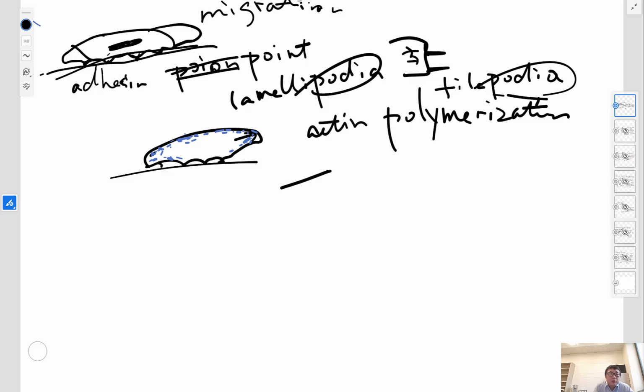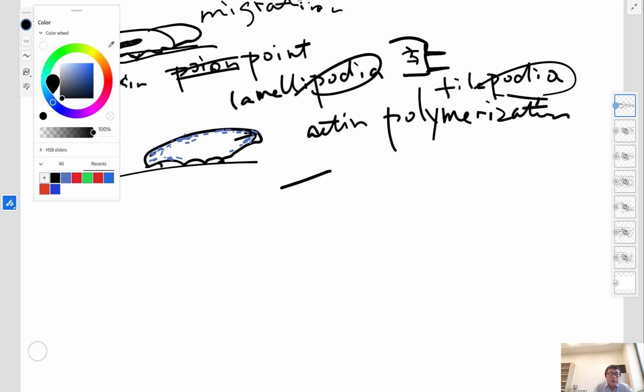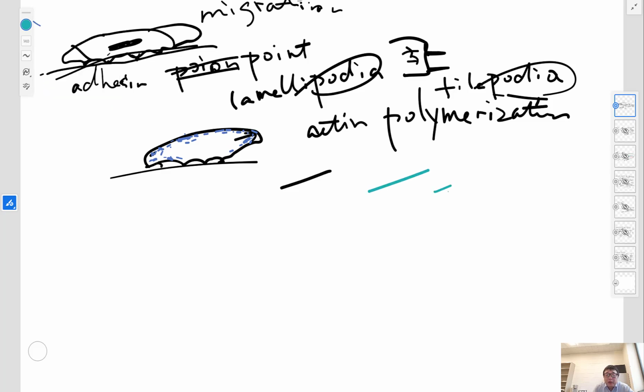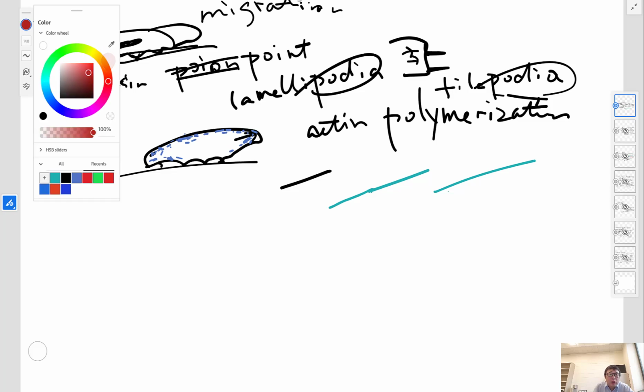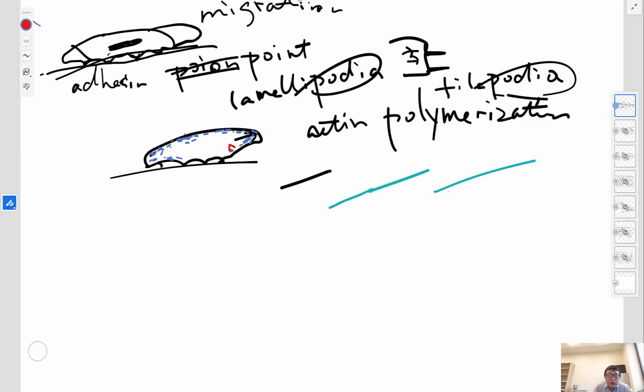There's an actin fiber. There's another actin fiber. Let me see. Oh no, let's talk about this one first. And then when moving forward, there's another molecule called myosin.